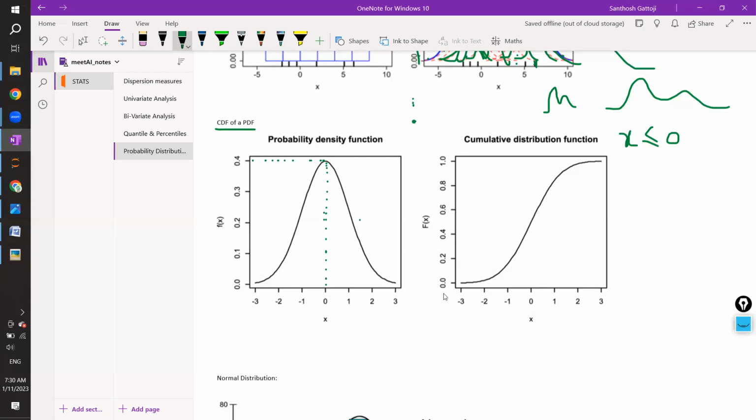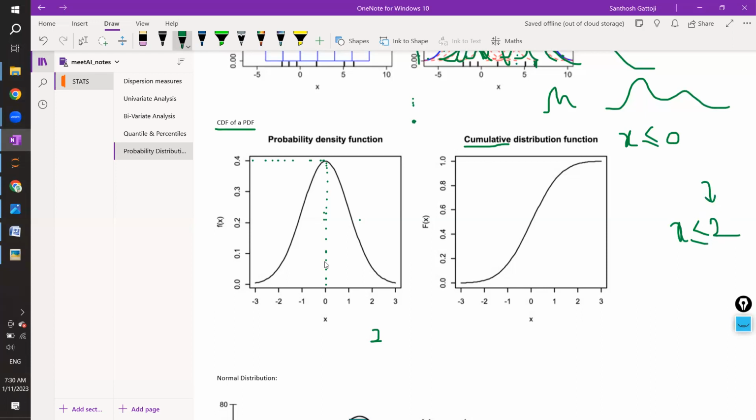Guys, are you following? See, when I am looking for a particular value in the probability density function, you get it for that particular value, say 2. But in the cumulative, you will have x less than or equal to 2. That is the meaning of cumulative, right? It gives you the probability of all the values less than or equal to the given value.